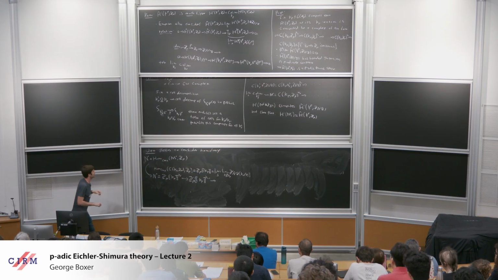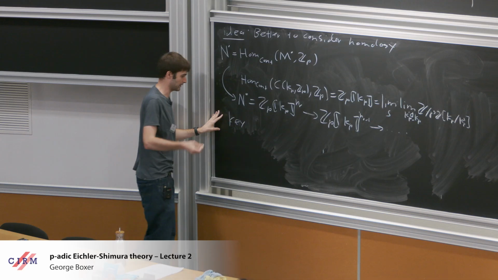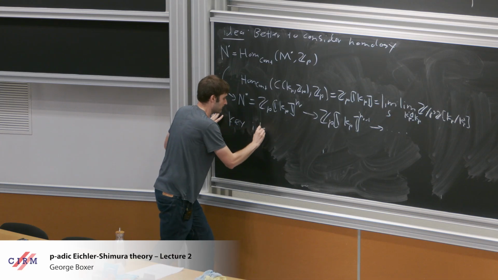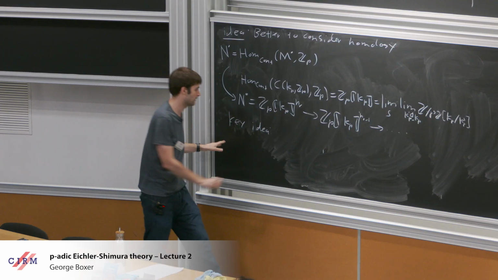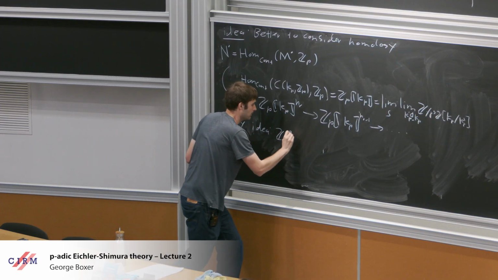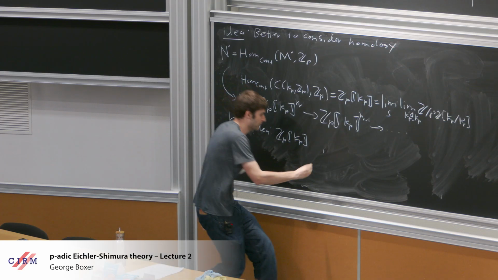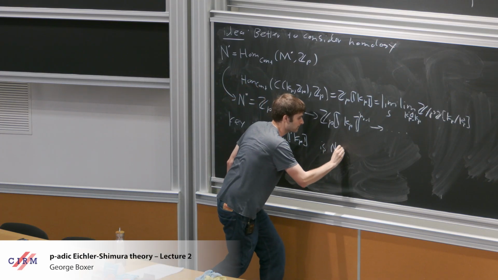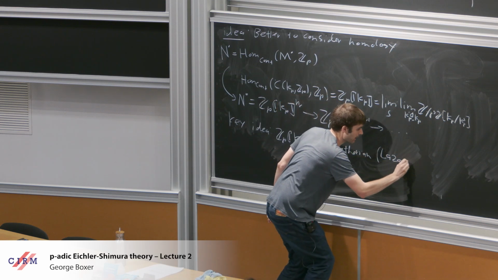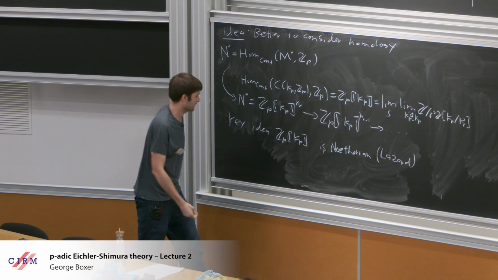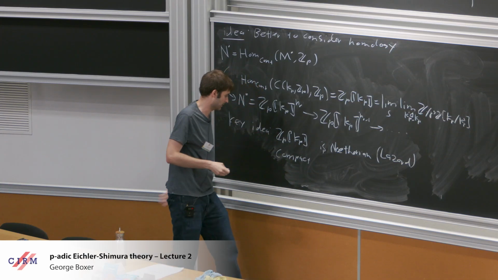And why is that? This was the key idea in this work of Schneider and Teitelbaum: this ring is first of all a Noetherian ring, which is a theorem of Lazard, and it's also a compact topological ring, or a profinite ring.